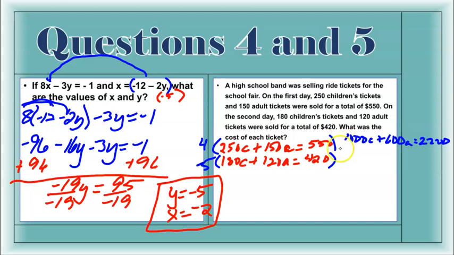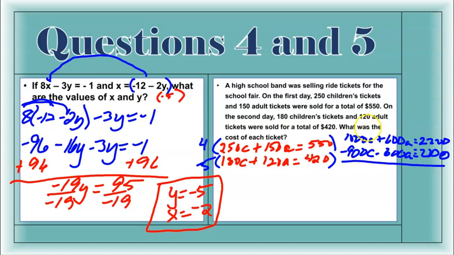So this is going to be a negative 900C. And then minus 600A equals negative 5 times, not 4,200, 420 will give you a negative 2,100.